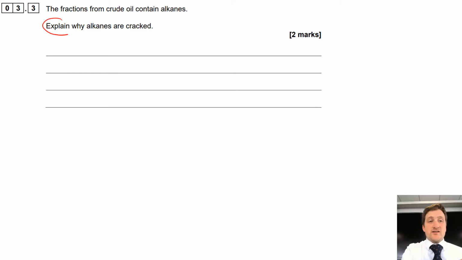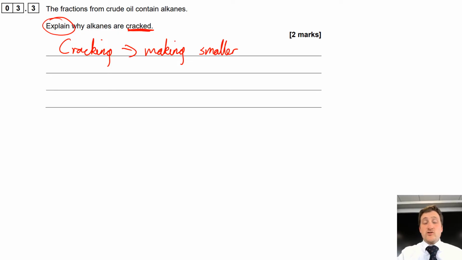Explain, again, this is an explain, which means you're going to say something and why. Explain why alkanes are cracked. Well, we need to know what cracking is. It's our definition. Cracking, what does that mean? It means making smaller molecules. Okay, it's using heat and pressure to break these large molecules into smaller molecules.